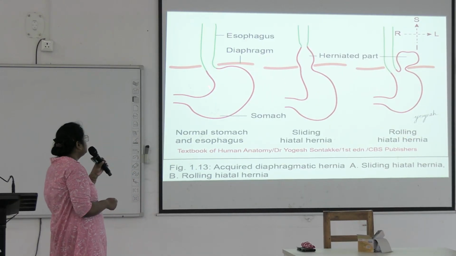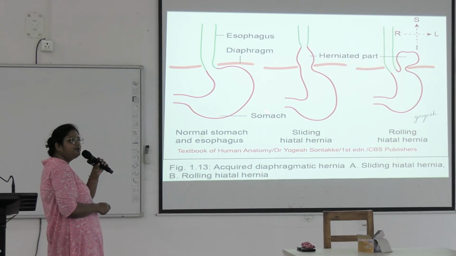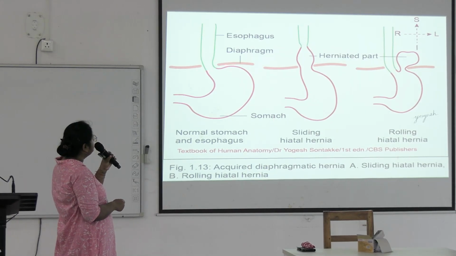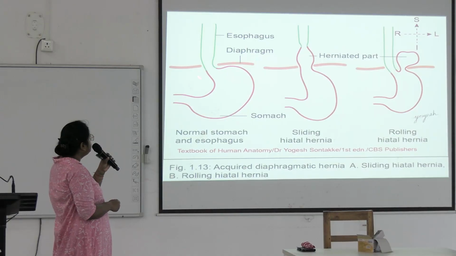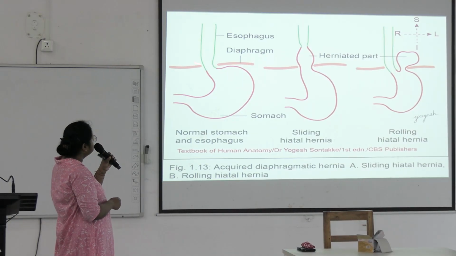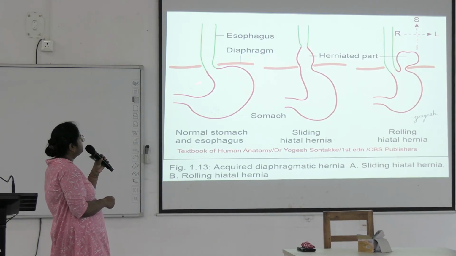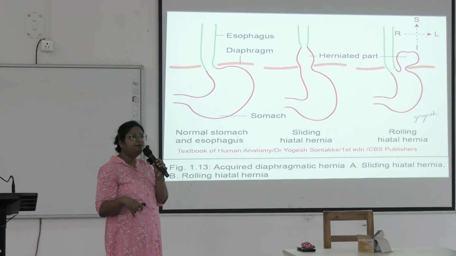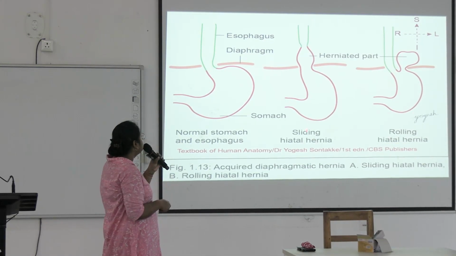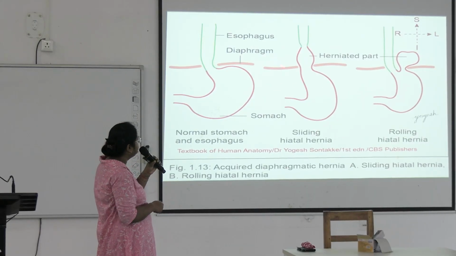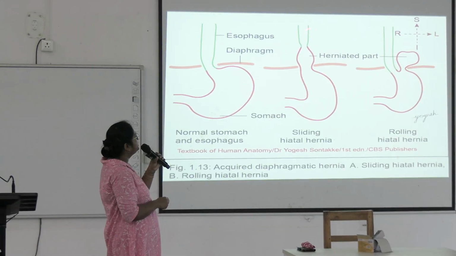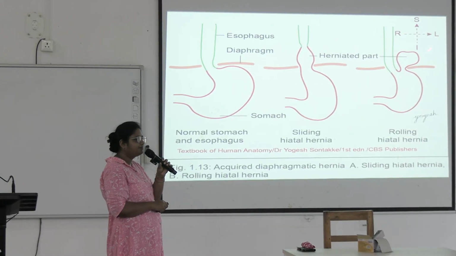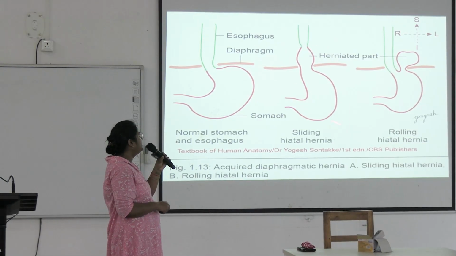So you see this is the normal stomach and esophagus, this is the gastroesophageal junction in its normal position, and this shadow is the diaphragm. Normally the gastroesophageal junction lies below the esophageal opening of the diaphragm. But in sliding hiatal hernia, the gastroesophageal junction is pushed upward through the esophageal opening. So this is sliding hiatal hernia.